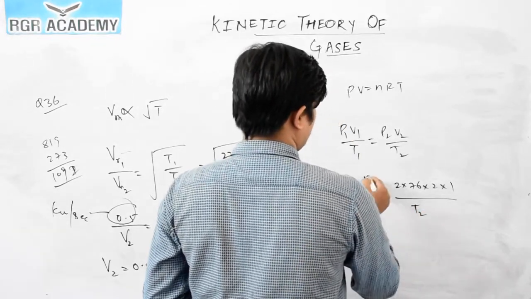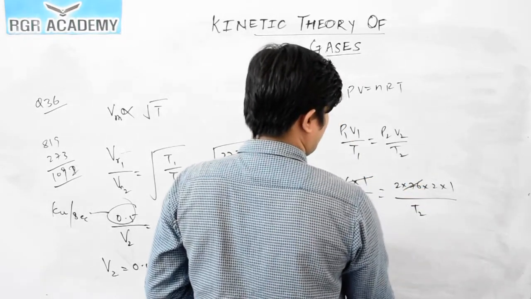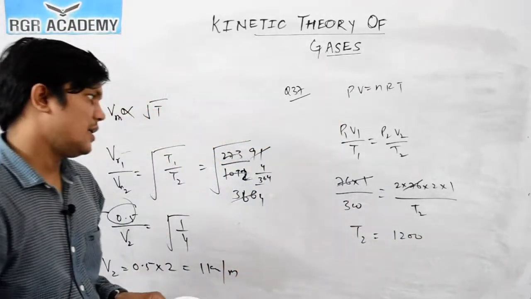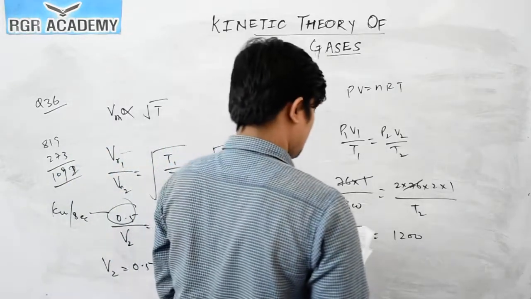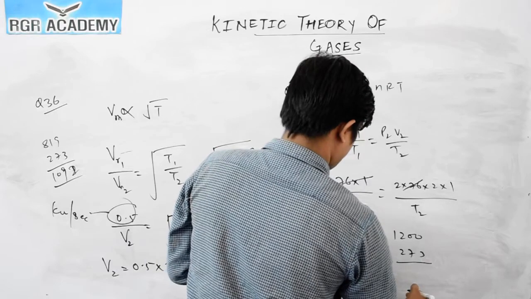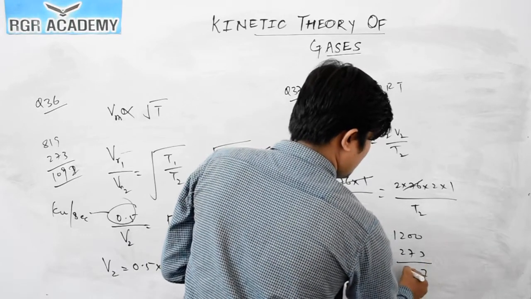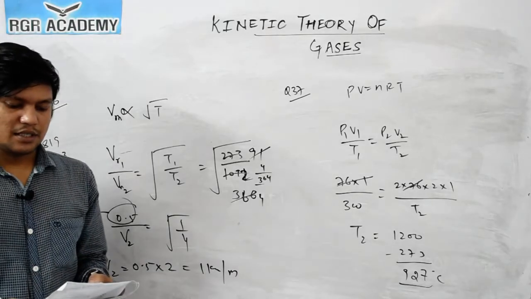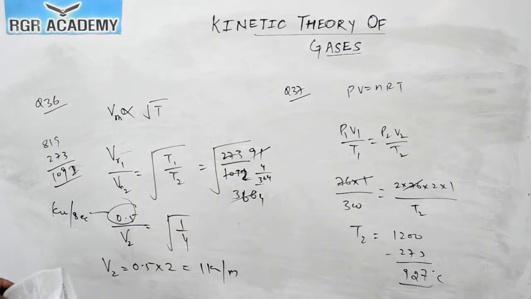Okay, so we can say that 76 will cancel out, so T2 will be equal to 300 into 4, that is 1200, but the answers are given in degree Celsius, so minus 273, so that will be equal to 927 degree Celsius. Okay. So for question number 37 the answer is 4. Now we will move on to question number 38.